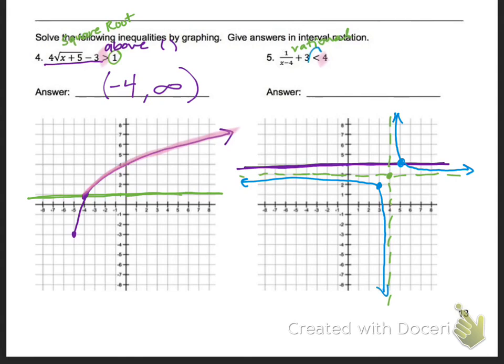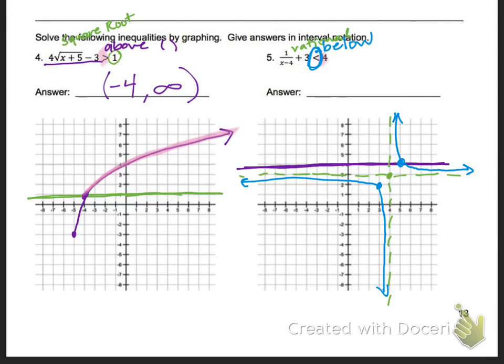And then I'm looking at, okay, so it is less than. So I want to look at below. So I'm going to highlight with my red highlighter everything, and I want you to do the same.